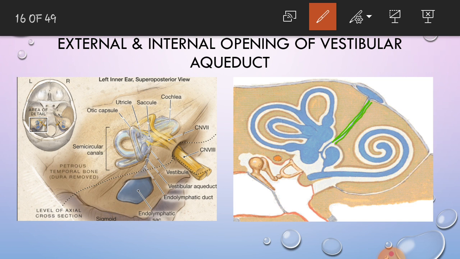It contains the membranous part of the vestibular aqueduct, which we're going to talk about in the next part of this presentation. Here in the left diagram, you can see the vestibular aqueduct is this. I'm sorry, I'm going to mark it again. This is the vestibular aqueduct, and this is the opening in the subarachnoid space in the posterior cranial fossa.